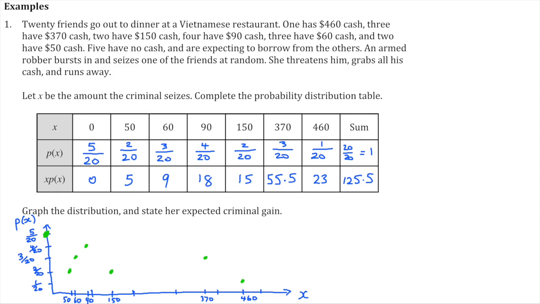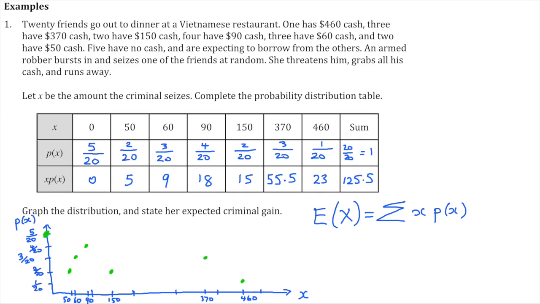Now the last thing it says, to state her expected criminal gain. If I actually write the formula, the expected criminal gain, or the expected amount of money, is going to be sigma x p of x. What does that mean? It means add up or find the sum of the x times p of x values. I've already done that. Here's the x p of x row, and I've summed it.